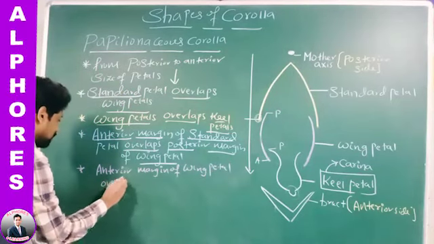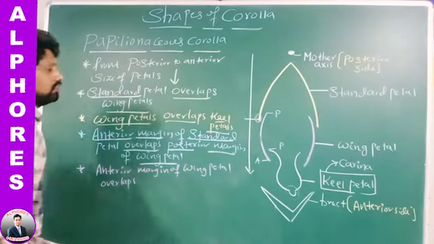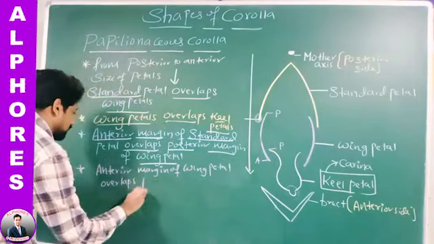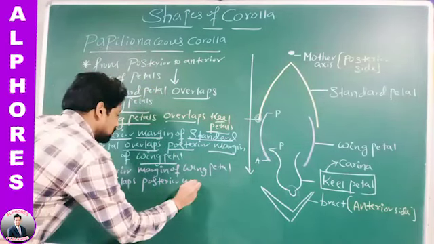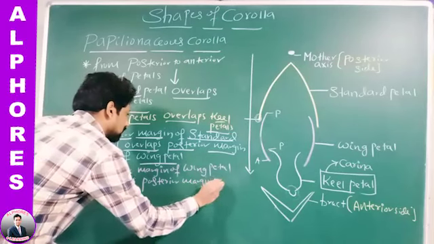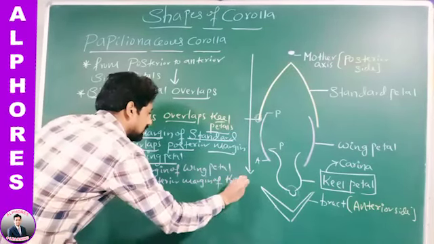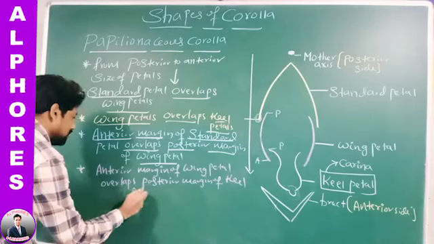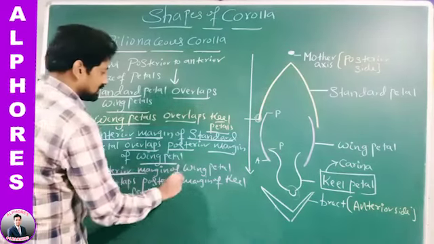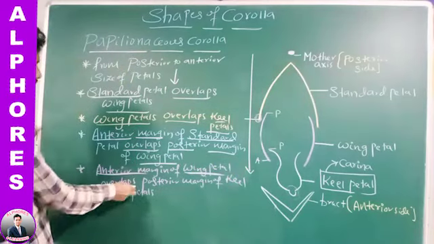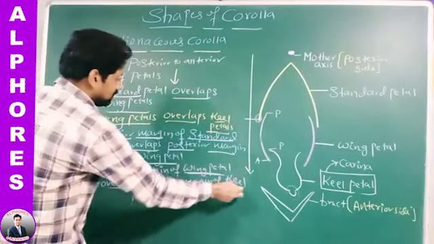What does it do? Overlaps which margin? Posterior margin. Posterior margin of which petals? Keel petals. Posterior margin of keel petals. Therefore, the anterior margin of wing petals is overlapping what? The posterior margin of keel petals.